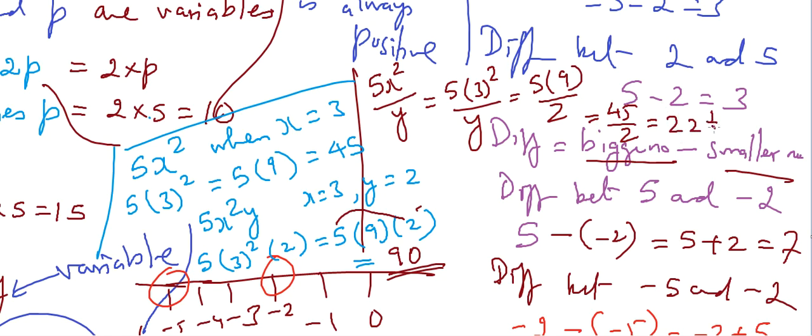So 22 and 1 by 2 as a mixed fraction, or 1 by 2 in decimal form is 0.5. So it's 22.5. This is the value of the expression 5x square by y when x is 3 and y is 2.